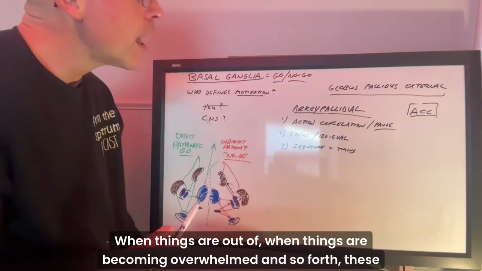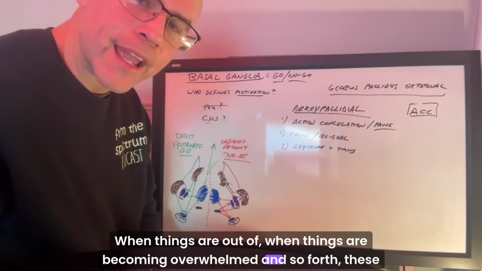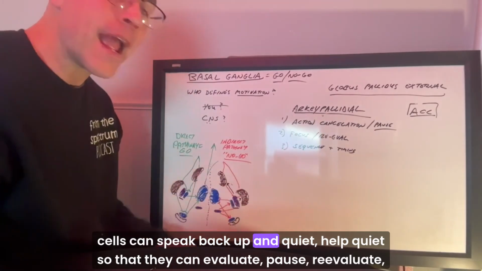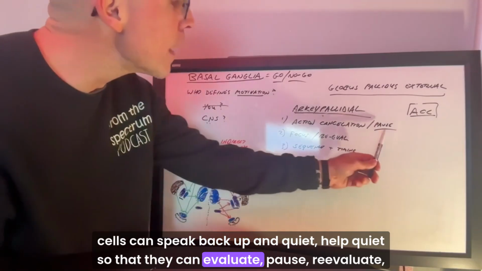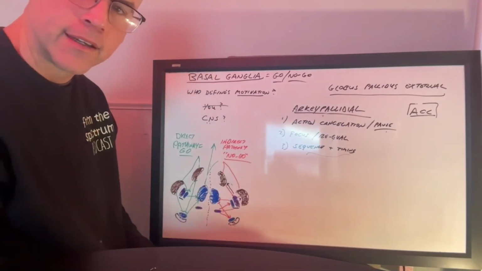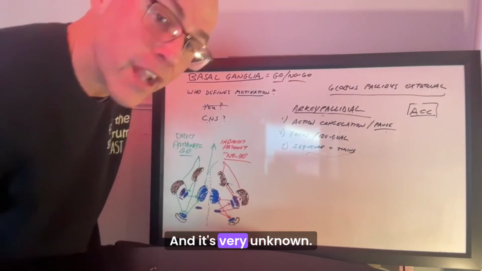When things are becoming overwhelmed and so forth, these cells can speak back up and help quiet so that they can evaluate, pause, reevaluate, and then proceed. This is a big part of what these cells are doing, and it's very unknown.